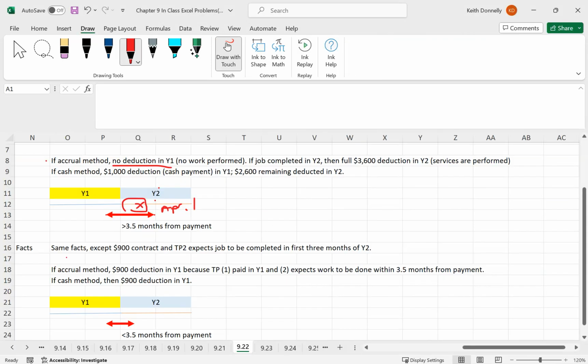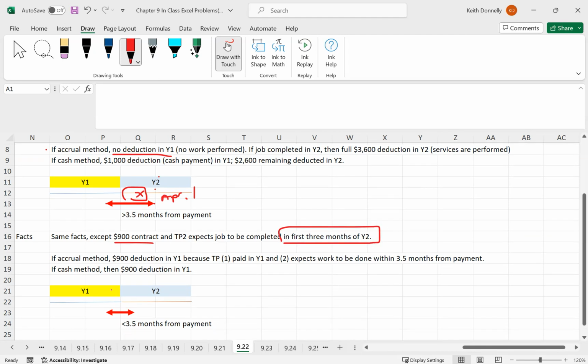Let's compare that with this. Same facts, except it's a $900 contract, and we expect the guy to complete it within the first 3 months of year 2. So what's going on is we pay the guy here. We think he's going to get it done in the beginning of year 2, that is to say, less than 3.5 months from when we paid him.